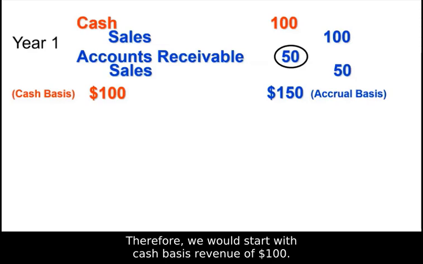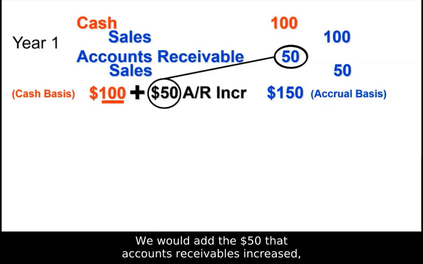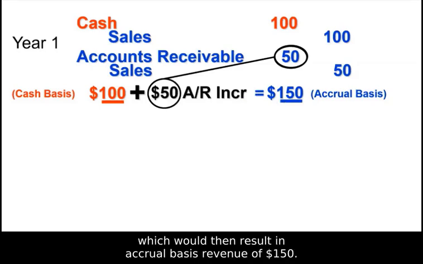Therefore, we would start with cash basis revenue of $100. We would add the $50 that accounts receivable increased, which would then result in accrual basis revenue of $150.